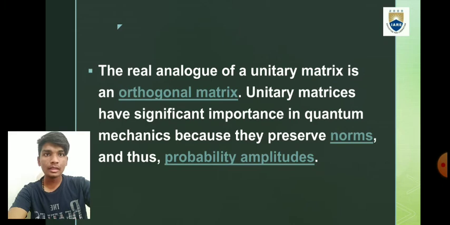The real analog of a unitary matrix is an orthogonal matrix. Unitary matrices have a significant importance in quantum mechanics because they preserve norms and thus probability amplitudes.